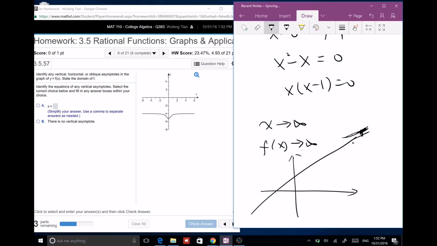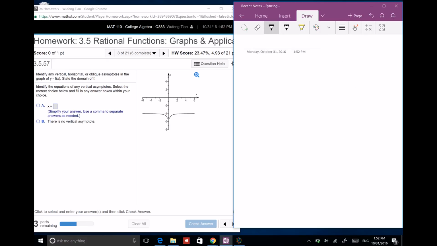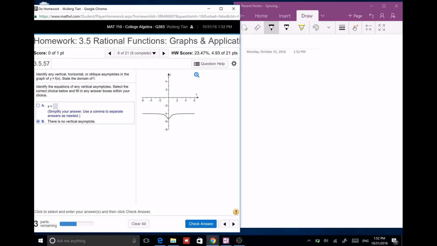Okay, so this one: identify the vertical, horizontal, and oblique asymptotes. There's no vertical asymptote.